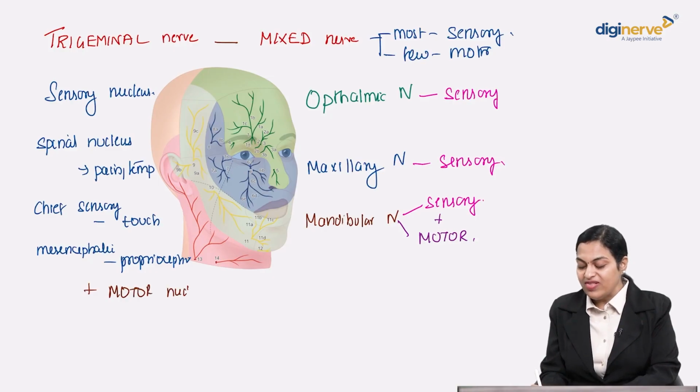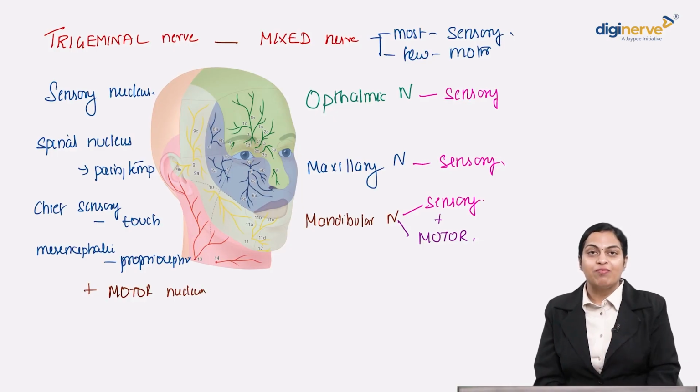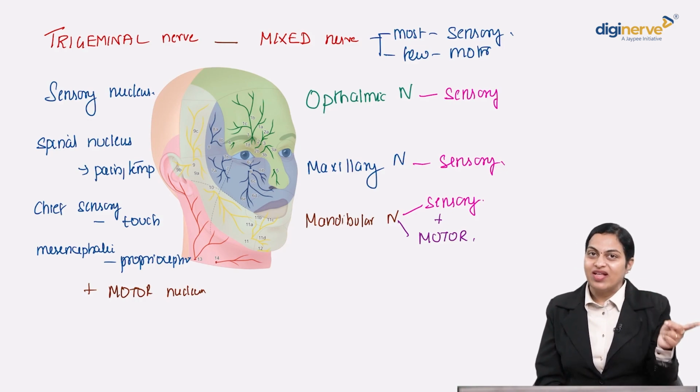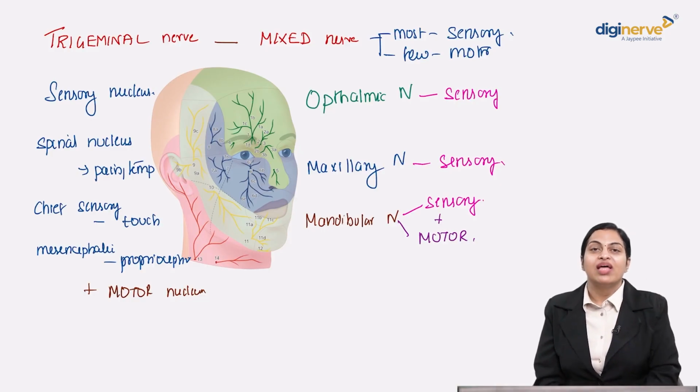So, totally three sensory nuclei and one motor nucleus. The motor nucleus is going to supply the four muscles of mastication: masseter, temporalis, medial pterygoid, lateral pterygoid, and two tensors, tensor tympani and tensor veli palatini, and two more, the anterior belly of digastric as well as the mylohyoid.